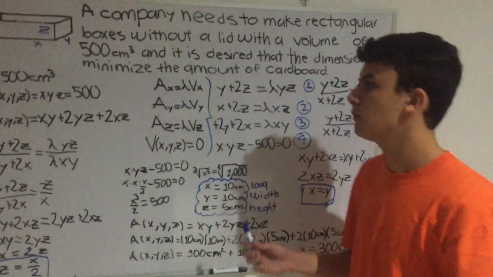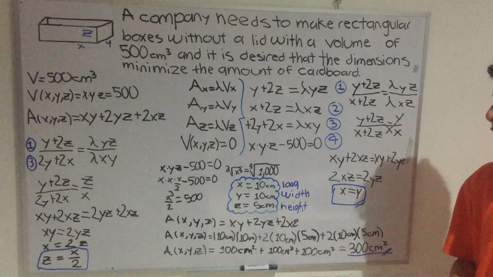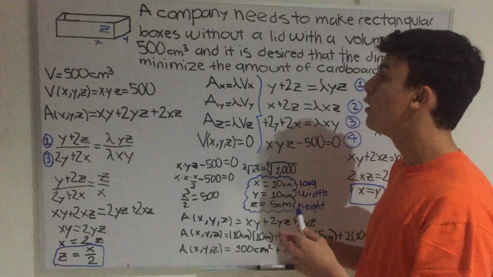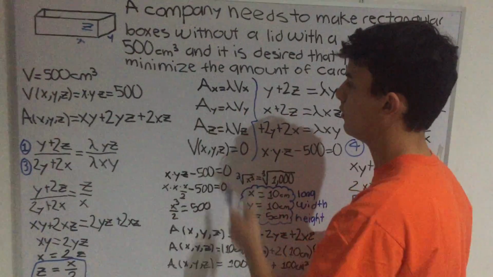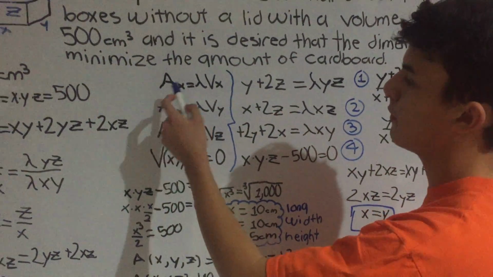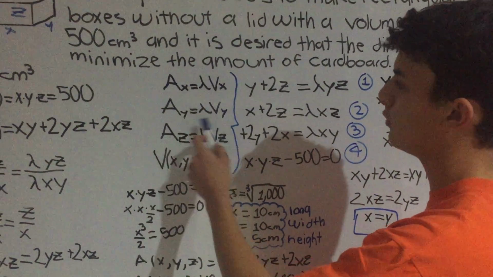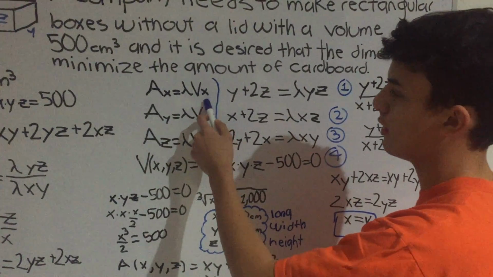So to solve this problem, we are going to use Lagrange multipliers. So we are going to use the partial derivative in each variable. The partial derivative of the area with respect to x is going to be equal to lambda times the partial derivative of the volume with respect to x.